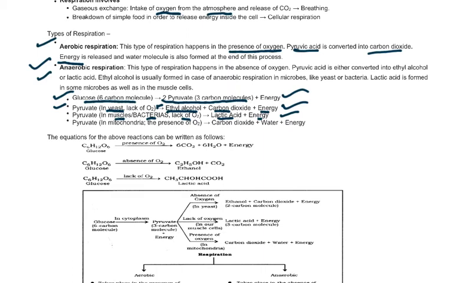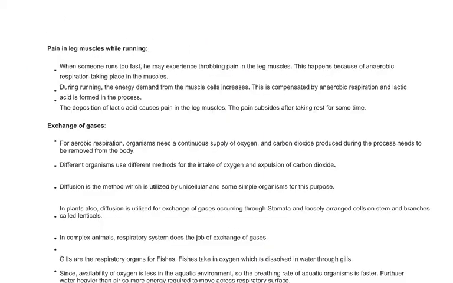In that case, what is produced is lactic acid, and we have very commonly seen that sometimes we feel pain in the legs or other body parts. Why? Because there is an increase in the concentration of lactic acid in the muscles. This increase, due to anaerobic respiration, causes the pain.